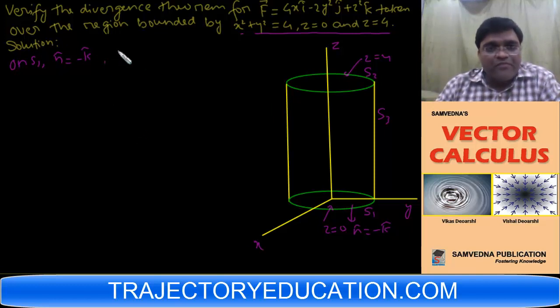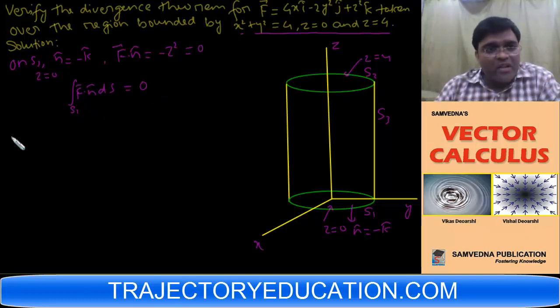So this will give you f dot n is minus z square, and on S1 your z is 0, so f dot n becomes 0. So the integral of f dot n ds on S1 comes out to be 0.